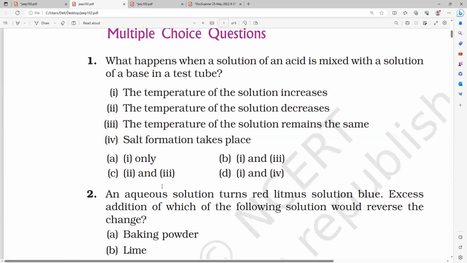Sir, option D. Yeah, let them do it. Whatever you are choosing, you can tell me.